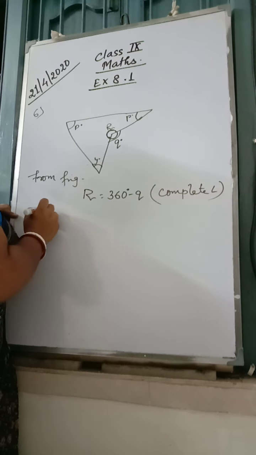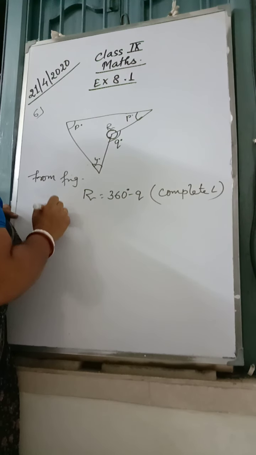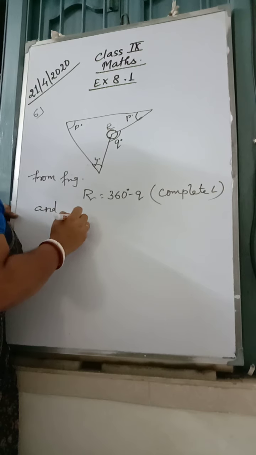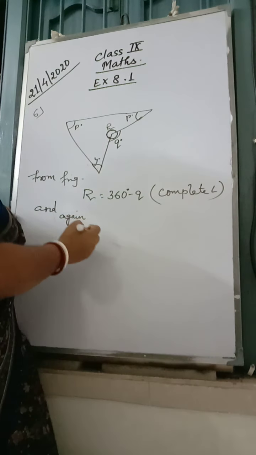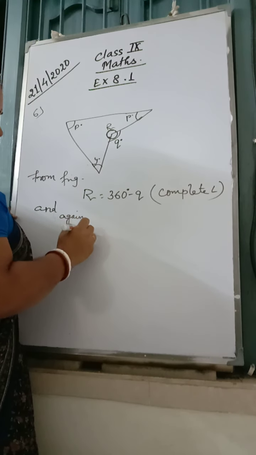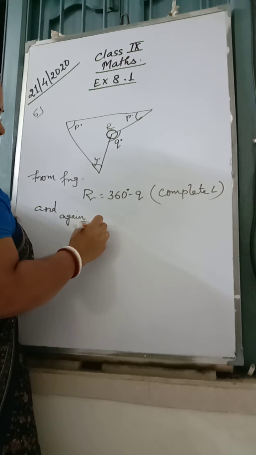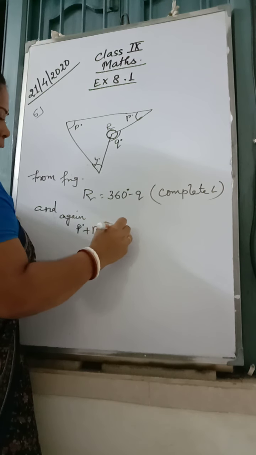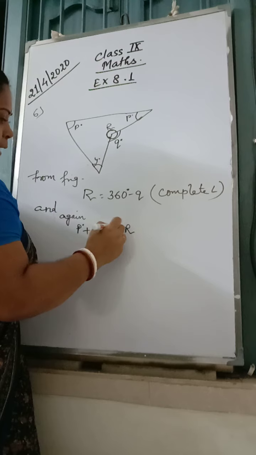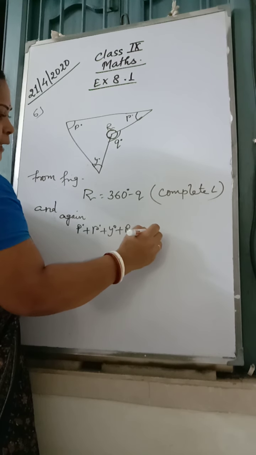And again, p plus r plus y plus capital R is equal to 360 degree. Why?